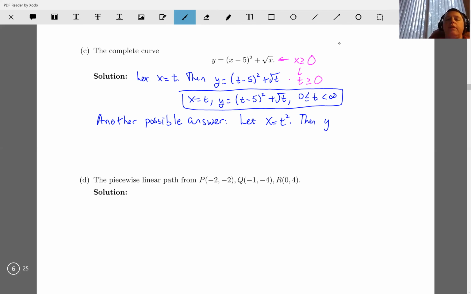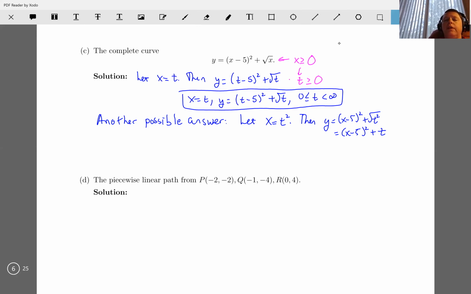Then y is going to be x minus 5 quantity squared plus the square root of t squared, which is x minus 5 quantity squared plus t. Interesting. And then you might say, oh, swell, we got rid of those restrictions on t.